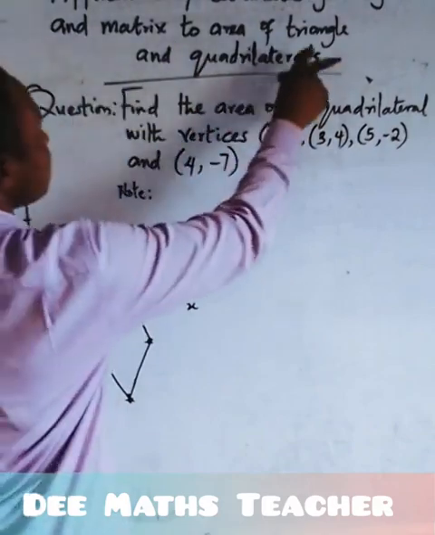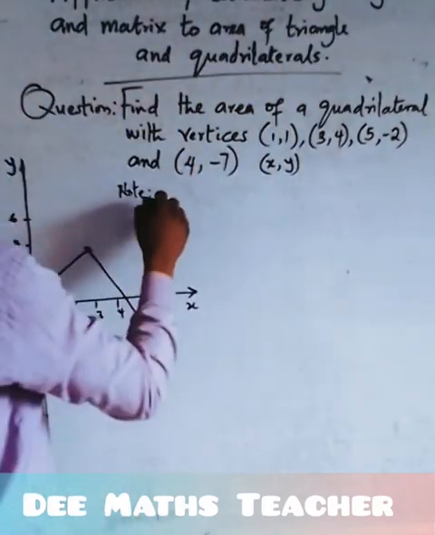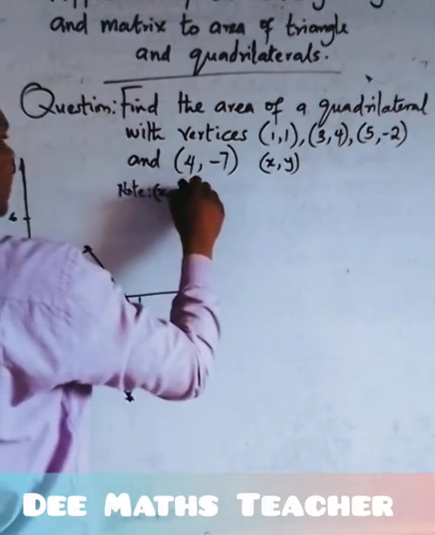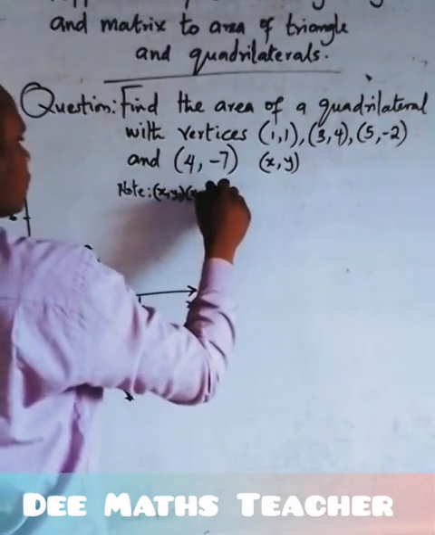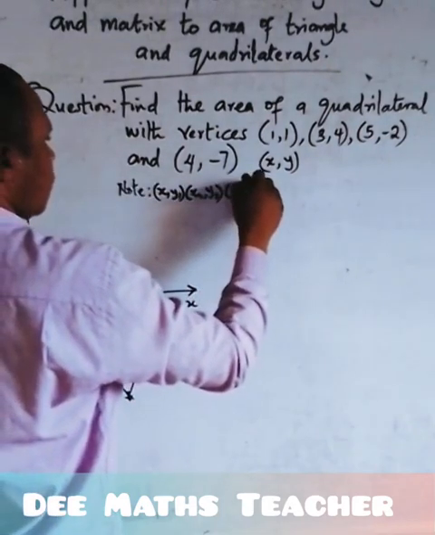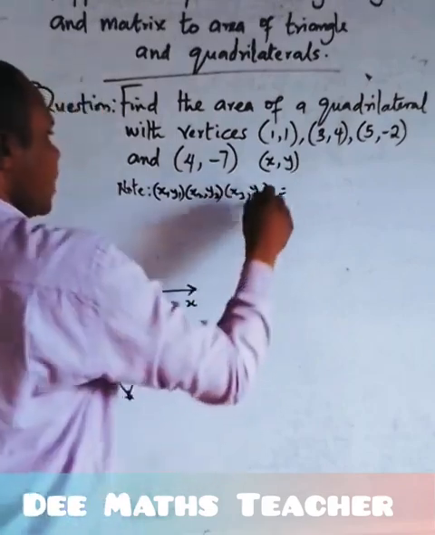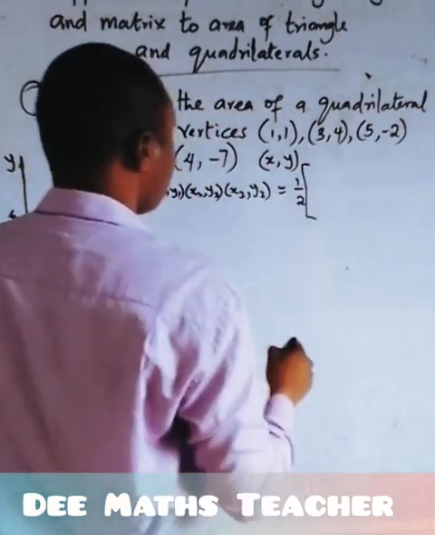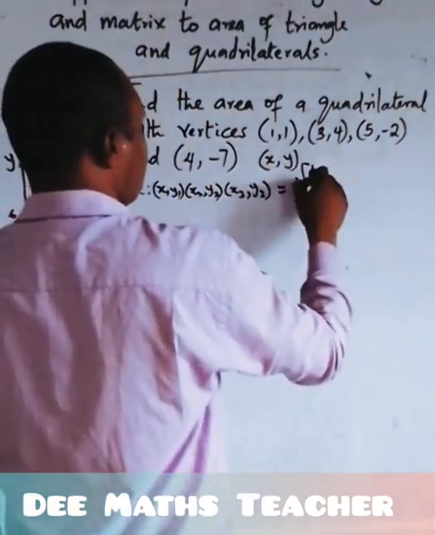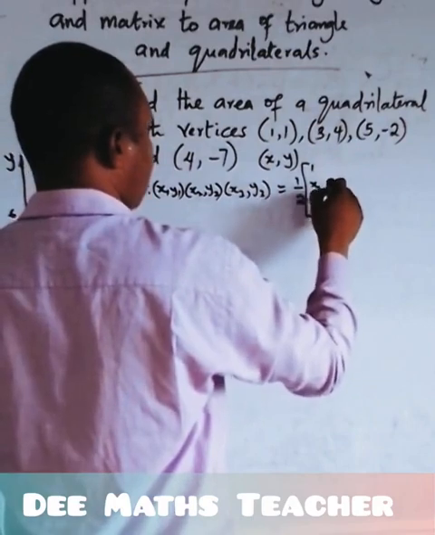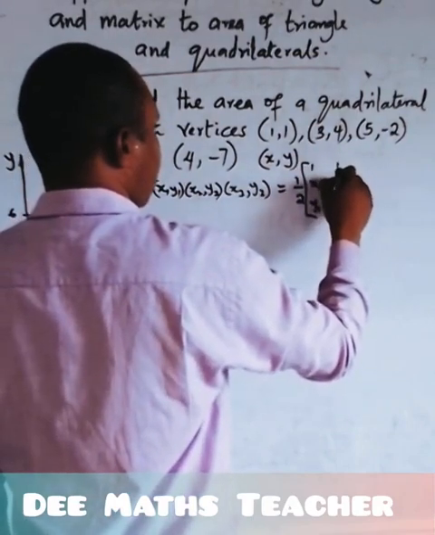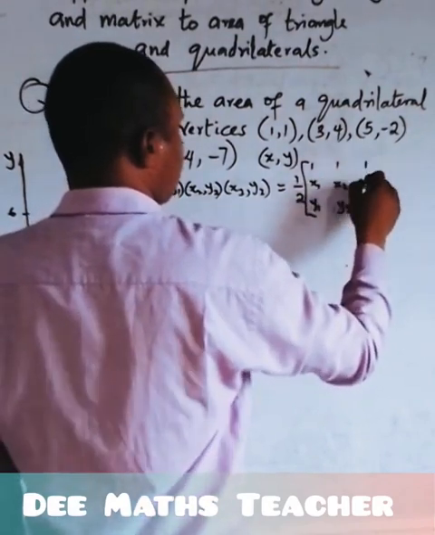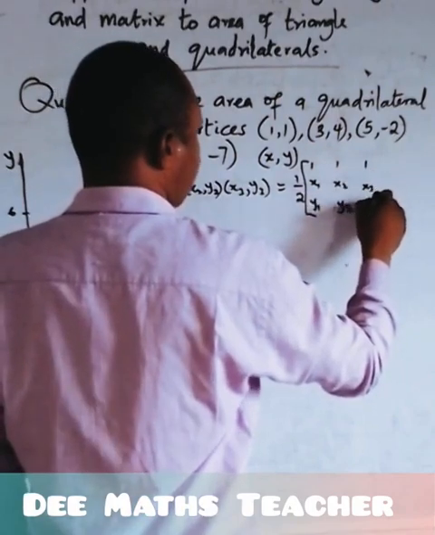Alright. Please note that the relationship that links this geometry and matrix together is in this order. If we have (x1, y1), (x2, y2), (x3, y3), the area of this triangle is given as half of this formula, where we have 1, x1, y1; 1, x2, y2; then 1, x3, y3.